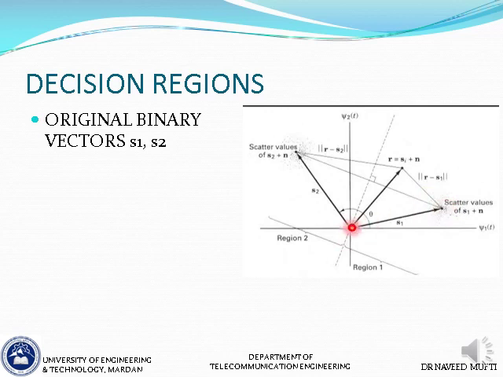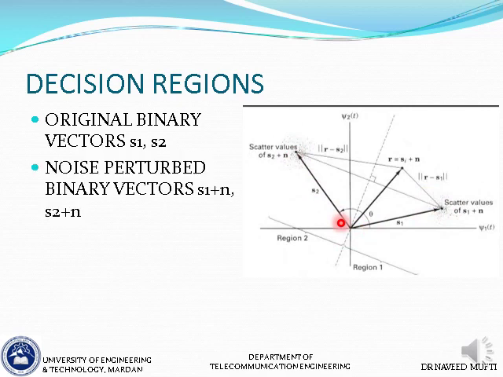This is the original vector because we are dealing with binary data, so we consider these two vectors. So this vector represents one form of binary and this represents the other form of binary. So these are our original binary vectors, and then you can see them getting disturbed by noise. So you see a scatter around this vector.